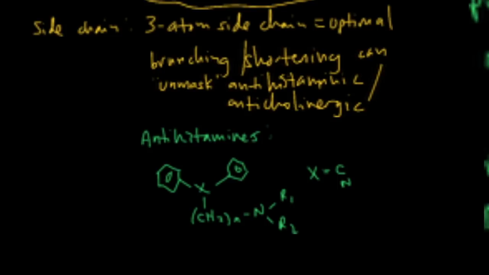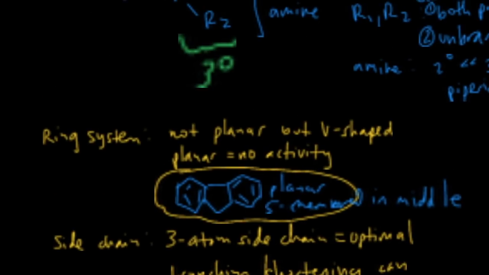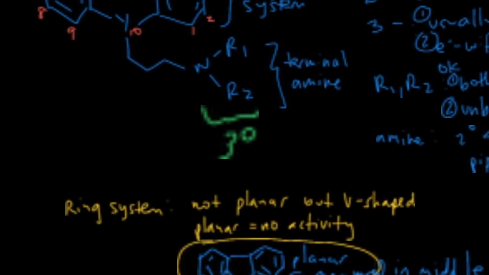Okay, so 3-atom side chains. So 3-atom side chain is optimal. So looking back over, I didn't label that.